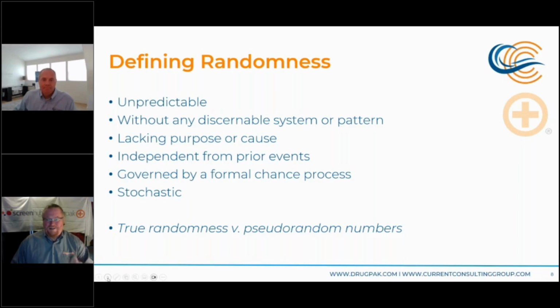So I want to jump in and talk for a moment about the difference between true randomness and pseudorandom number generators. True randomness exists in nature in the decay of nuclear elements. It occurs in the static that you hear when you're in between stations on the radio. It occurs in the Brownian motion of molecules in a liquid.